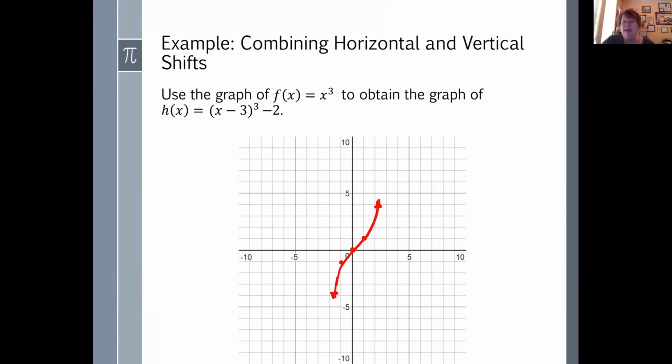All right, what am I doing to get h of x? Well, I'm subtracting 3 from x, and I'm subtracting 2 from the entire thing. So the minus 3 right there has the effect of shifting the entire graph to the right 3 units. And the minus 2, since we're subtracting 2 from the cubic part, has the effect of shifting it down 2 units.